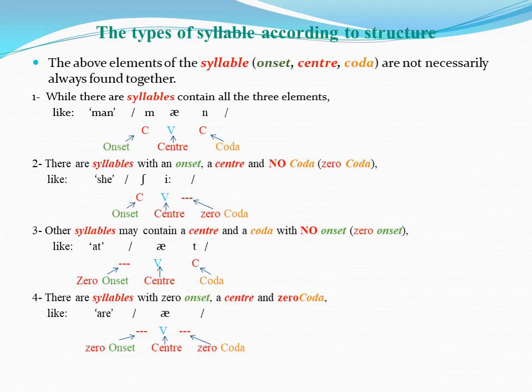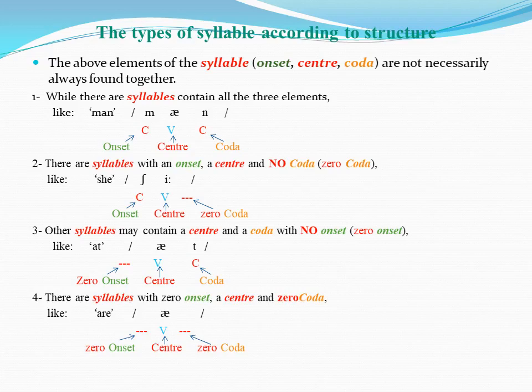But not all of the syllables consist of these three elements together. Sometimes we find a syllable with an onset, a center, but no coda. It is called zero coda.